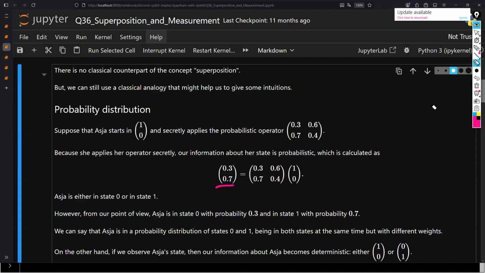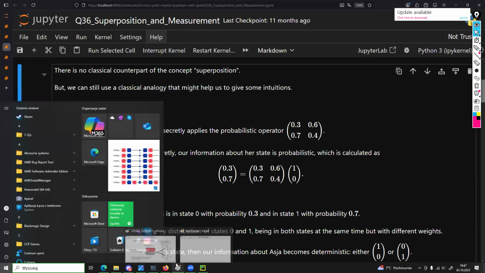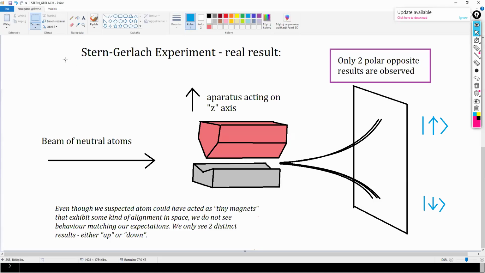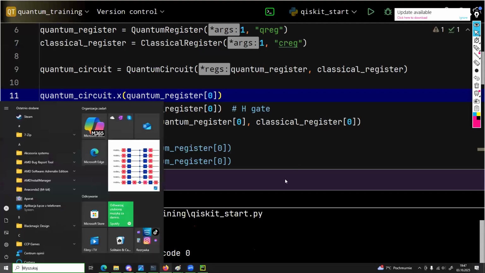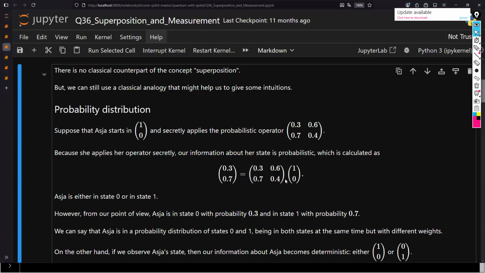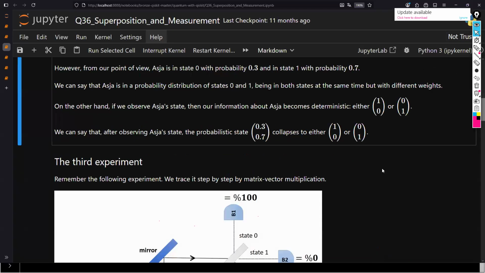Because what we have after measurement, which in terms of this Stern-Gerlach experiment would be to fly through this apparatus, is that we collapse onto either 1 or 0. There is nothing in the middle.